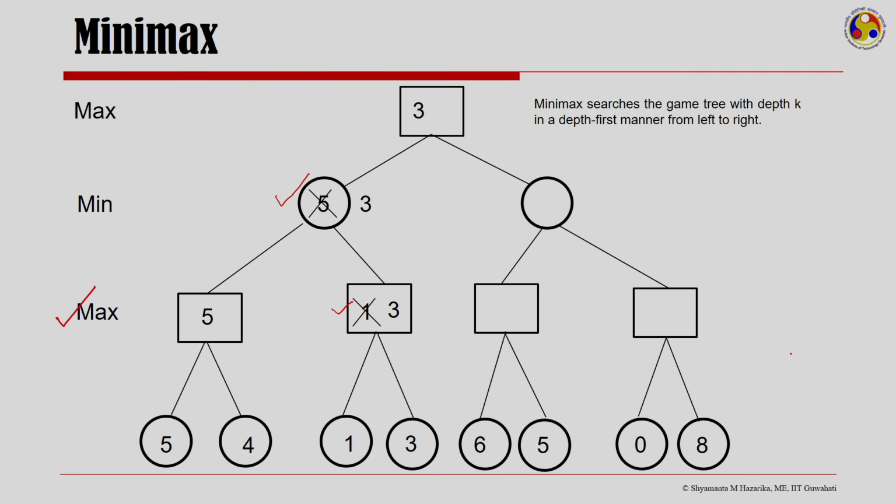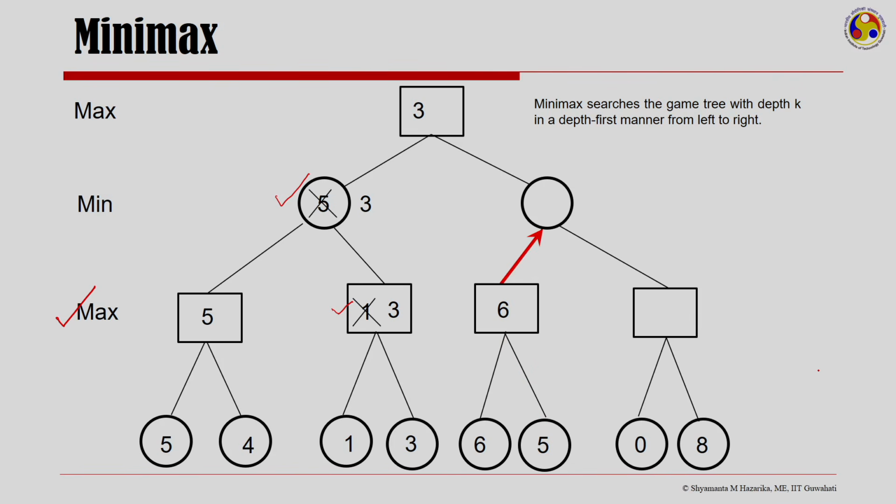Now to the right subtree, it goes and visits the leaf node, backs up the value 6 and goes and visits the leaf node which is with value 5. So even if it comes back, it does not overwrite because at Max we are expecting it to have 6 rather than 5.